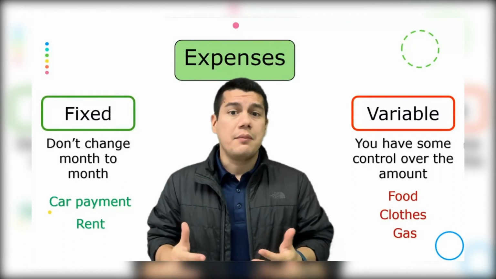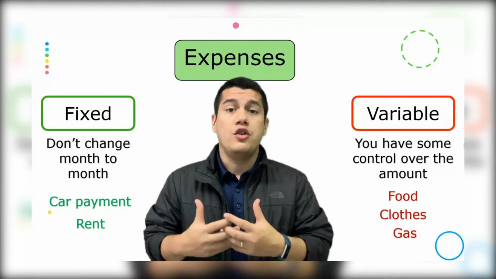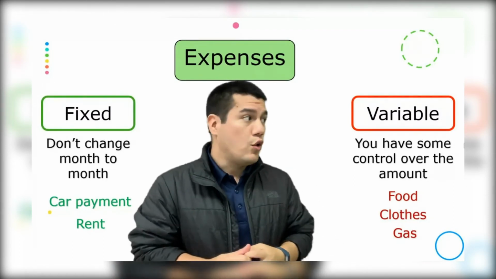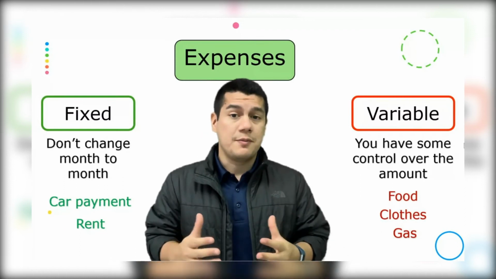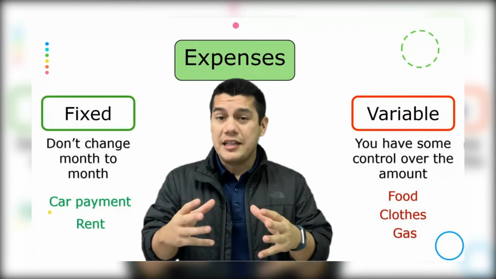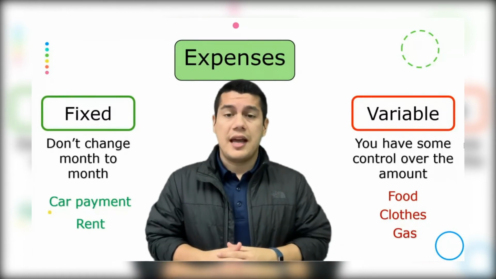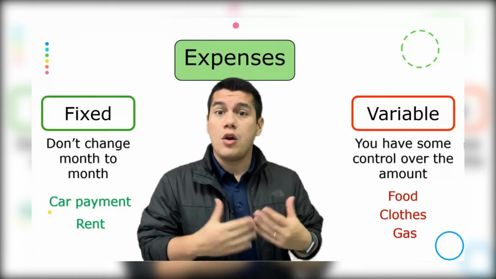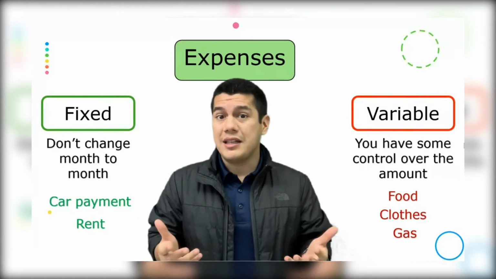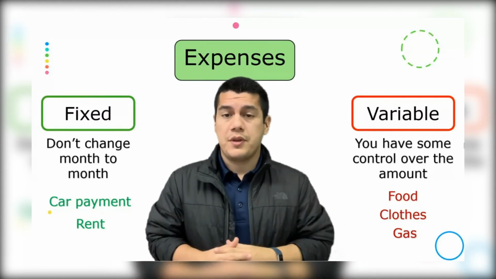One example can be your car payment or your rent. On the other side, variable expenses are the money that you may have control over, just like the food that you eat, the clothes that you buy, or even the gas that you use.